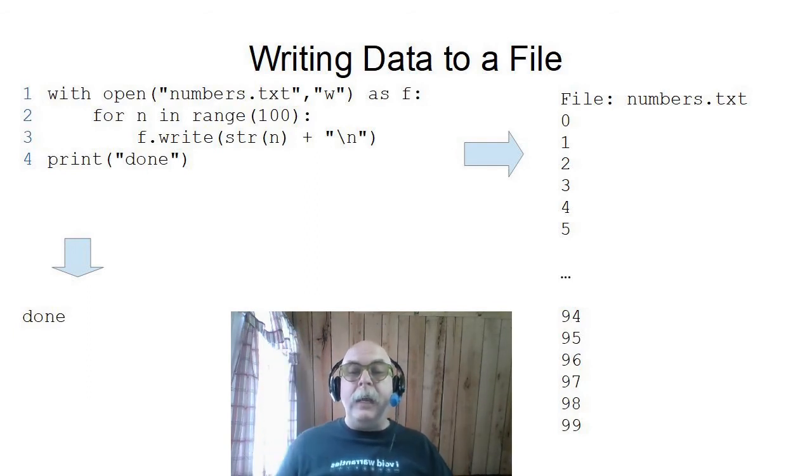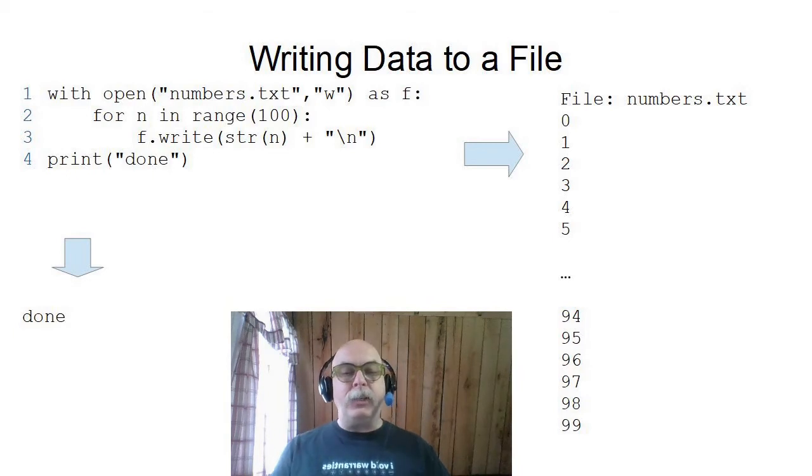So you can see that I convert the number n to a string with str(n). And then notice I add this crazy string at the end: plus quote \n quote. I've not talked about escaping special characters, but \n represents the non-printable character of a carriage return.